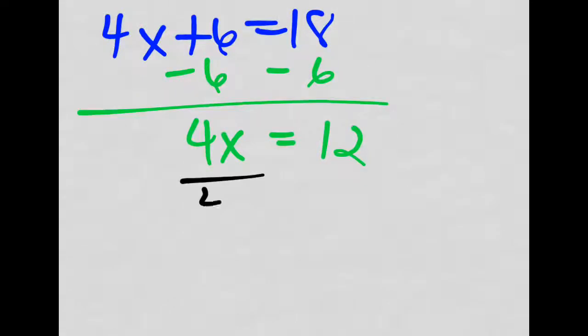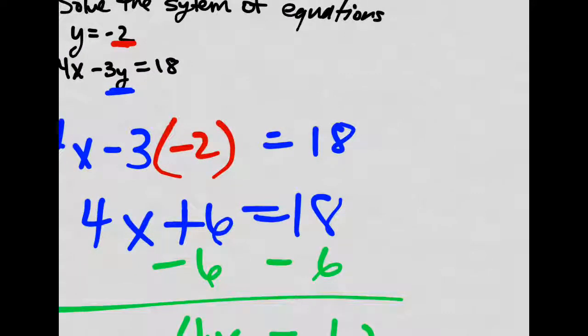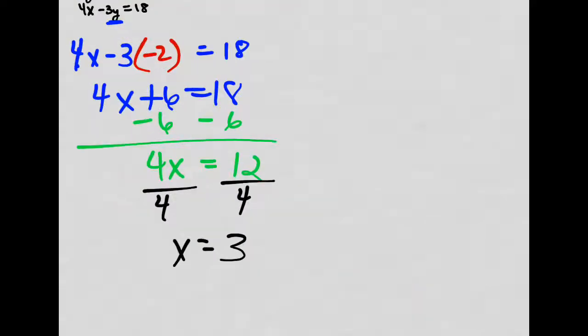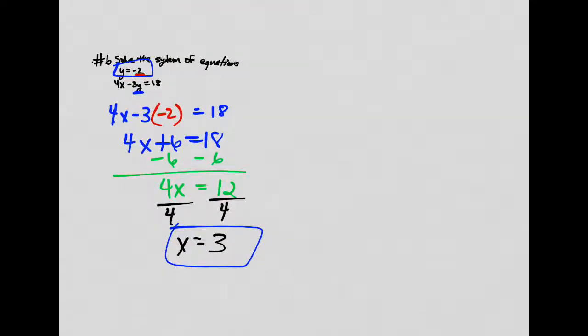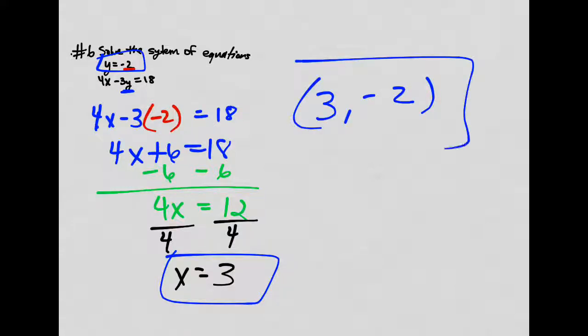Then I can divide by 4. And x is going to be equal to 3. And then I don't have to plug anything back in because this is already y equals negative 2 and this is x equals 3. So my ordered pair is 3 comma negative 2. So there's my answer.